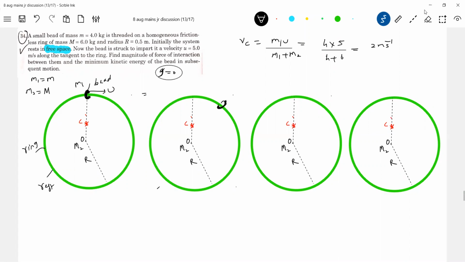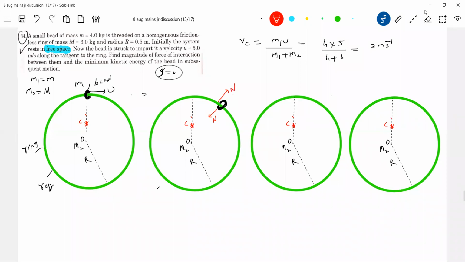Everyone is familiar with that block problem. So this will be contact, no? The bead will be in contact with the ring in this direction. So how will the normal contact be? The normal contact will act here on the ring. I am unable to show it here, I'll just show it here.